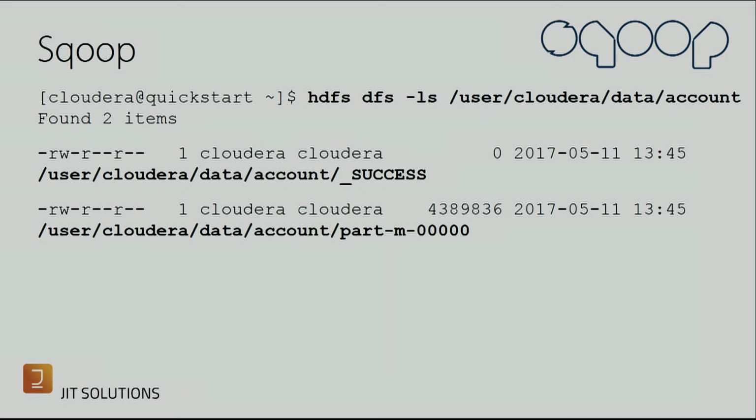Every time a YARN job succeeds, it writes an empty file called _SUCCESS, which can be just a flag for your automated processes that everything went well. And the other file, obviously, is the actual result of the job, which is just a CSV file with a dump of the records from our MySQL database.